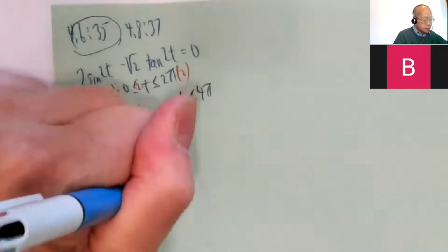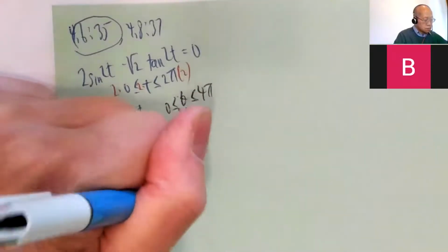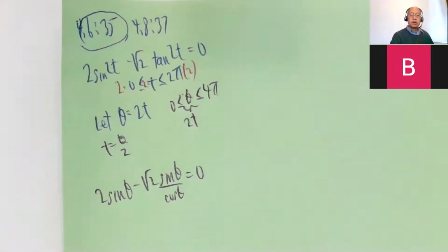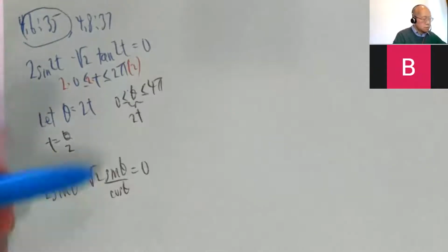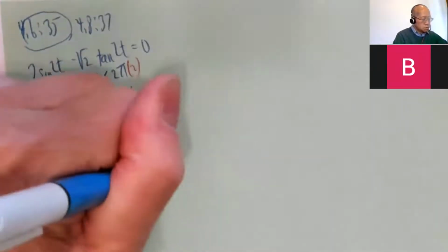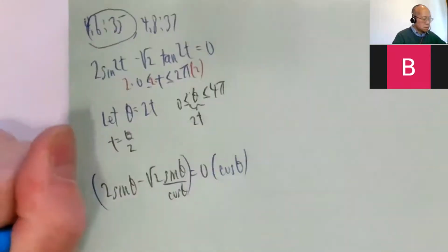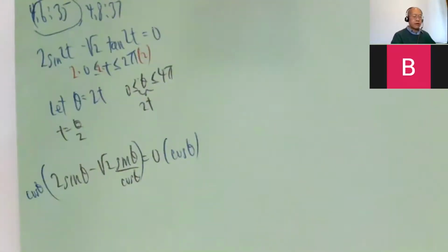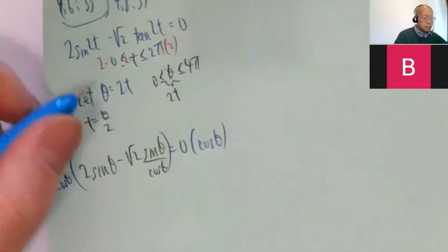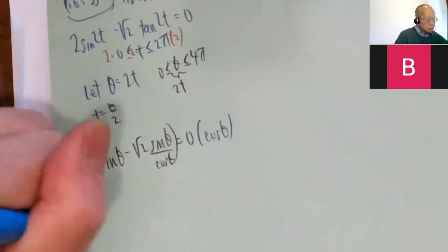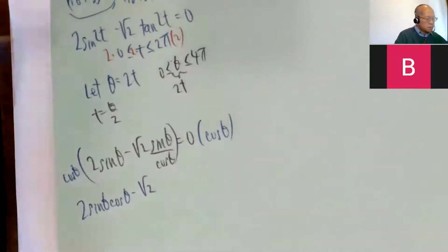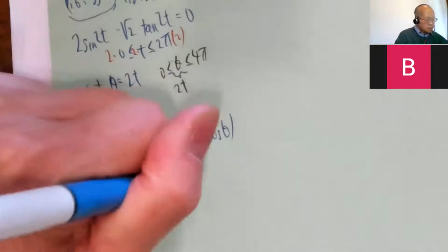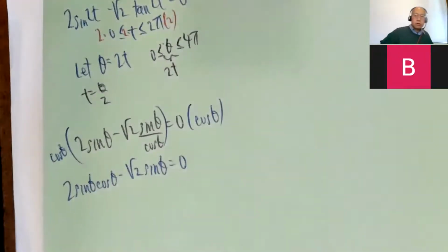So 2 sine theta minus radical 2 tangent theta, well, that's sine over cosine, equals 0. I'll multiply both sides by cosine theta just to get rid of the fraction, because I don't like fractions, and I'm guessing a lot of you don't either. 2 sine theta cosine theta minus radical 2 sine theta equals 0.